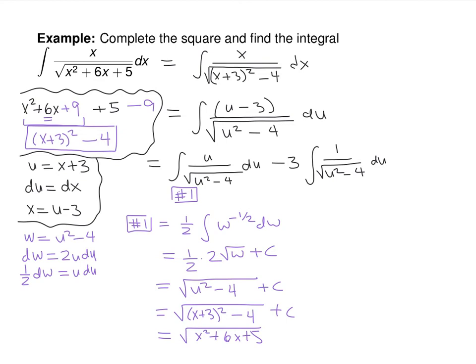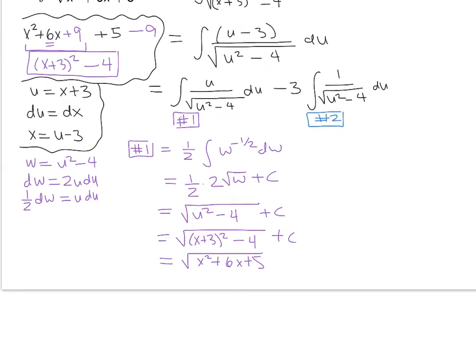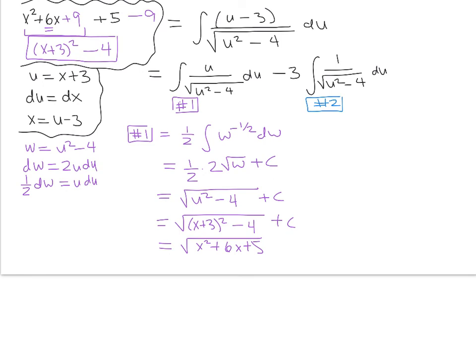Now number 2, that's the second one. Number 2 is going to involve a trig sub. I know, it just couldn't be nice enough, could it? So with that trig sub, you're going to let u equal secant of theta. du is secant theta tan theta d theta.